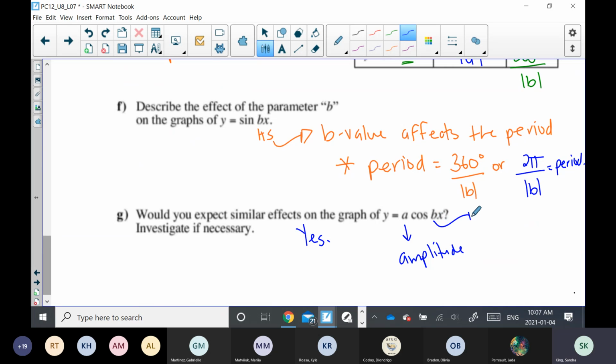And the period is equal to 360 degrees divided by the absolute value of B. So it doesn't matter whether it's a sine or a cos graph, this is going to apply.